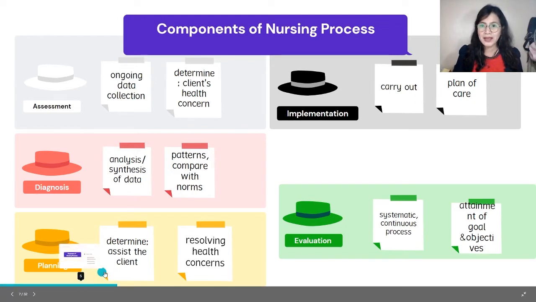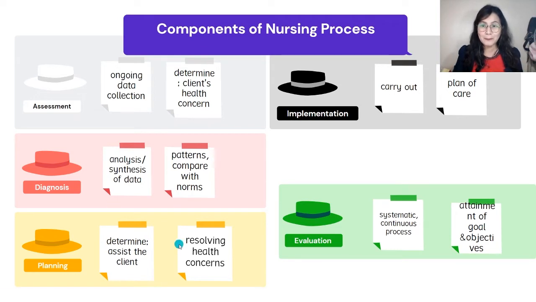Planning, on the other hand, involves determining how to assist the client in resolving concerns related to restoration or resolving health concerns. It also includes the development of goals and objectives.